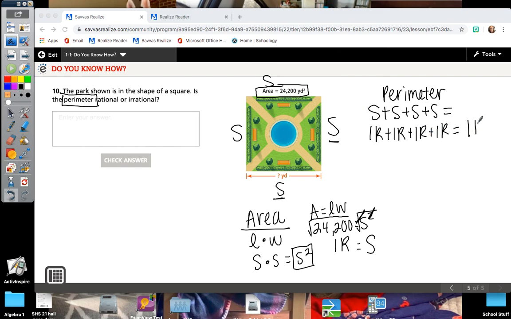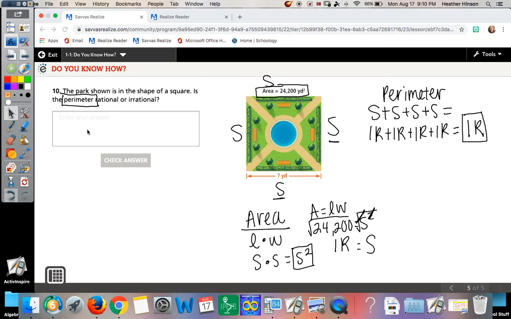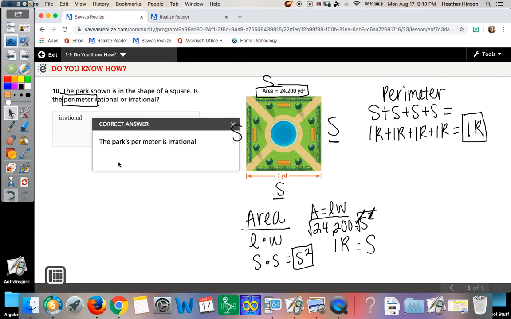You're going to get an irrational number. It's not magically going to change to rational if they're all the same. So because we had to square root that number and get a really long decimal, one of those irrational decimals, your answer is always going to stay irrational. Yep, your perimeter is irrational.